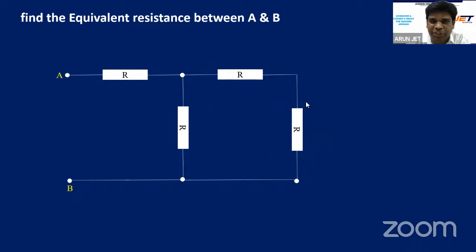The cornermost R and the top right corner R are in series, right? So that becomes 2R this way. Now this 2R and R are in parallel or series? Think. You think, I'll grab the pen and be back.